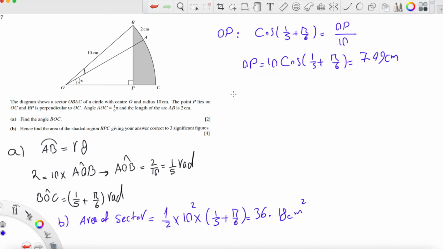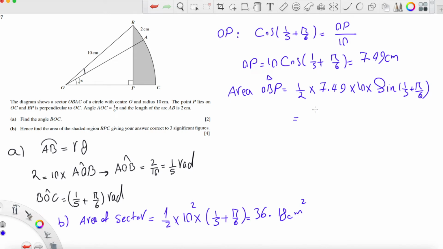Now, in order to find the area of triangle OBP, I use the formula in which sine is used: 1 over 2 multiplied by OP, which is 7.49, multiplied by 10 multiplied by the sine of the included angle, which is 1 over 5 plus pi over 6.